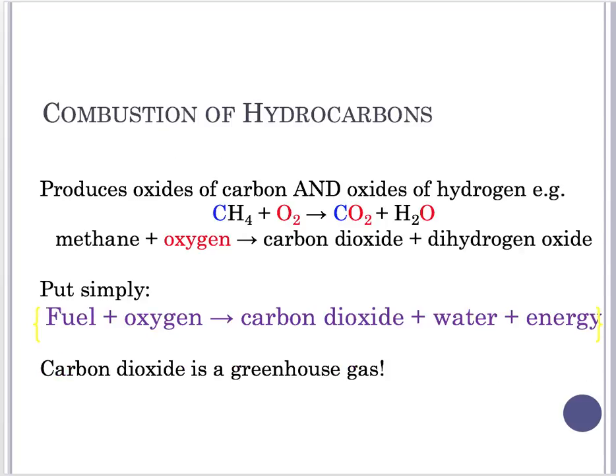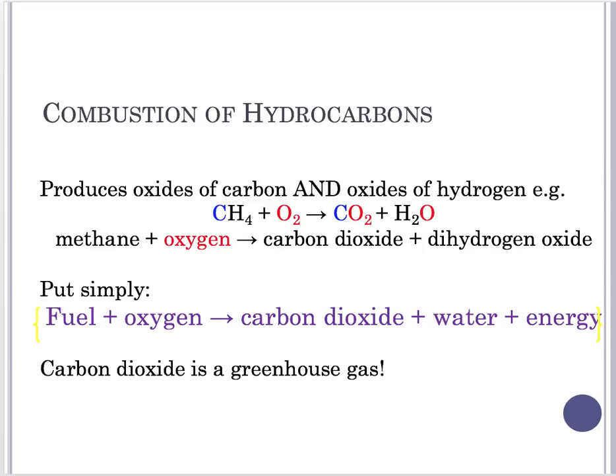The other types of reactions, so basically, this is a complete combustion when we produce carbon dioxide. So when we have carbon monoxide formed, then it is incomplete combustion. So carbon and oxygen gives us carbon dioxide, complete combustion.